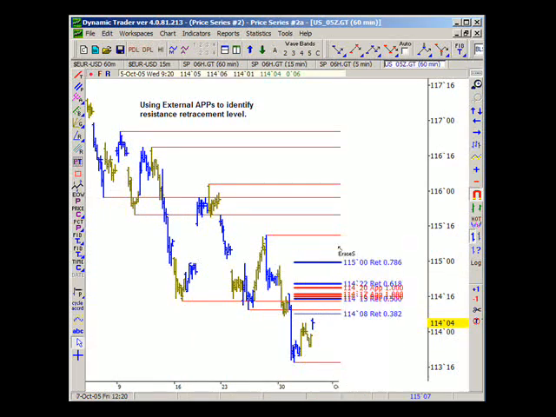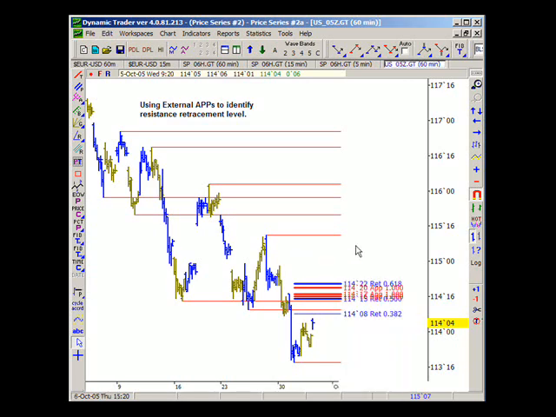And as you learned in the first session of this tutorial series, a correction generally doesn't exceed the 78.6% retracement. So I've just erased what we'll call the outlier. And then we have the other three external alternate price projections, and they're grouped right in between the 50% and 62%.